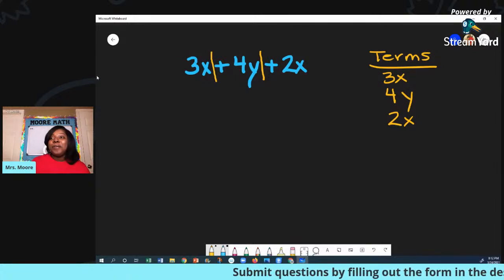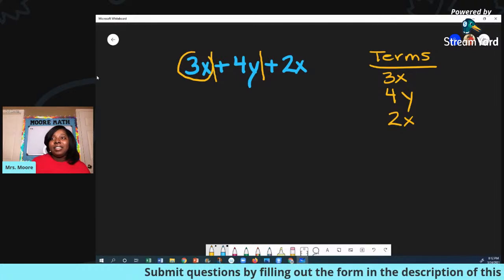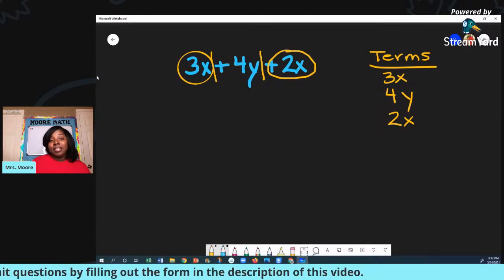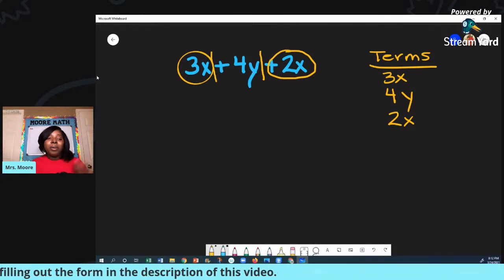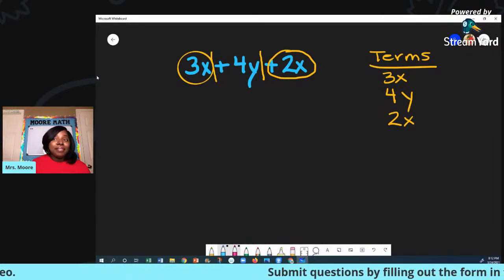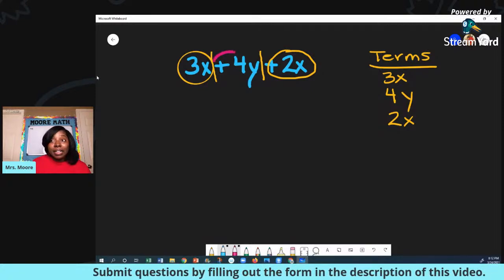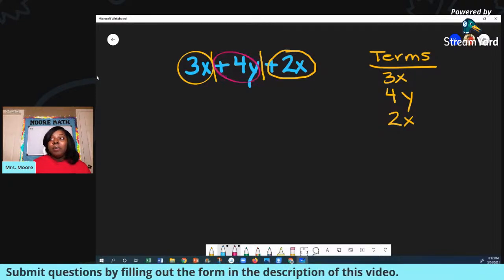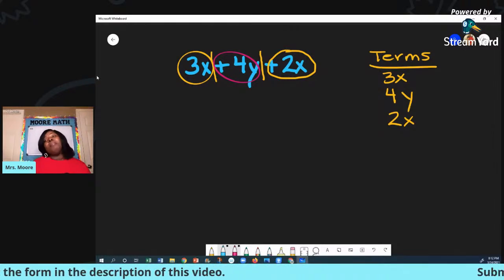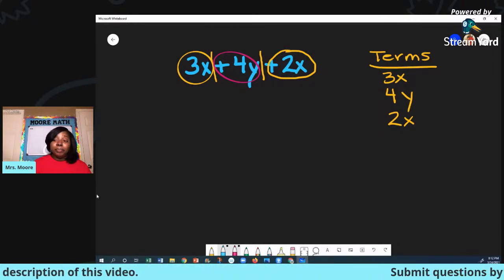So just like before, 3x has an x, 2x has an x, so I can combine those. But what about 4y? Unless there's another y, I can't combine it with anything. Okay, so if there was a plus y over here, then yes, I can combine it. But right now, y, it's on its own. All right, so let's combine those x's.